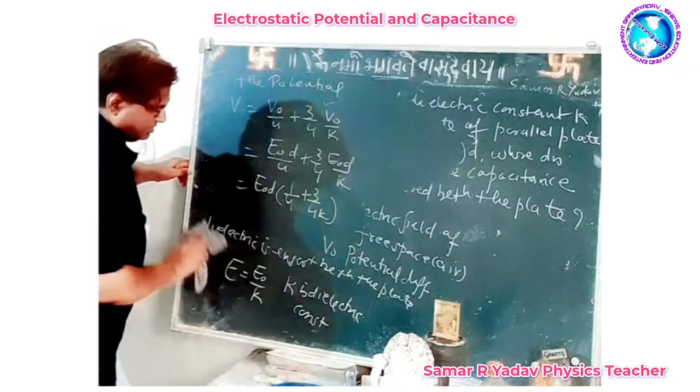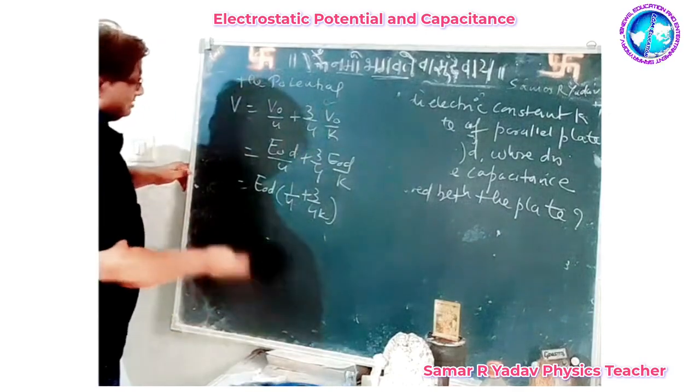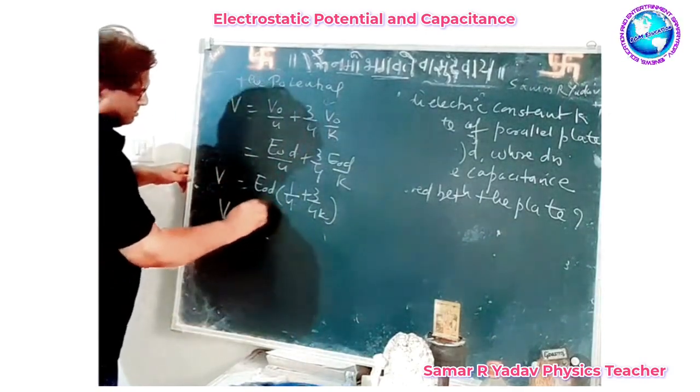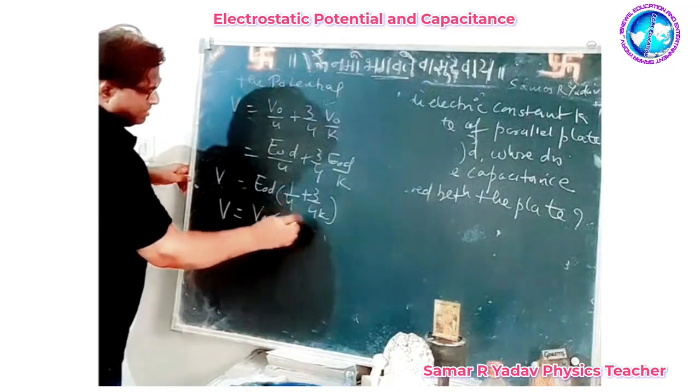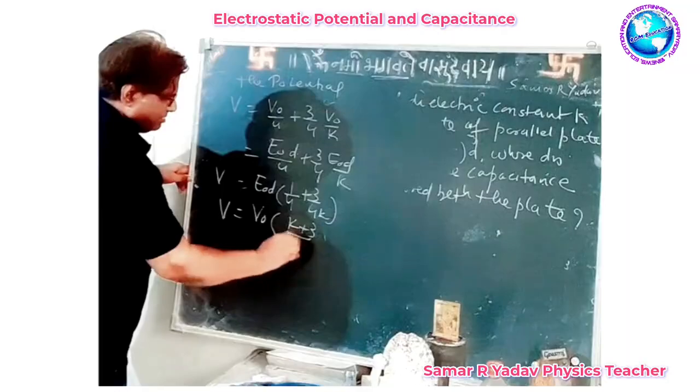Now E0 d is V0. Now we will take LCM, so we get K plus 3 upon 4K.